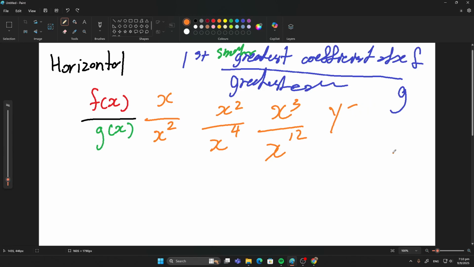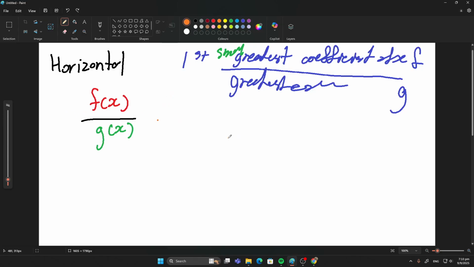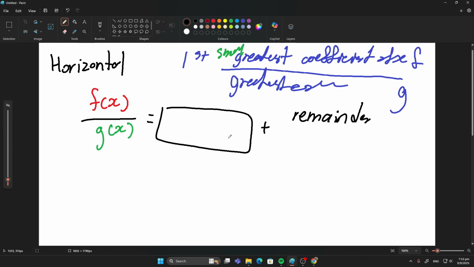Why? Because it all comes down to this one equation that ties all 3 cases together. And this is what the teacher went through, but it wasn't that obvious. I just found out about it on the bus ride home. So it's basically equal to, remember when you divide this over this, then you get the quotient function plus your remainder divided by g(x).